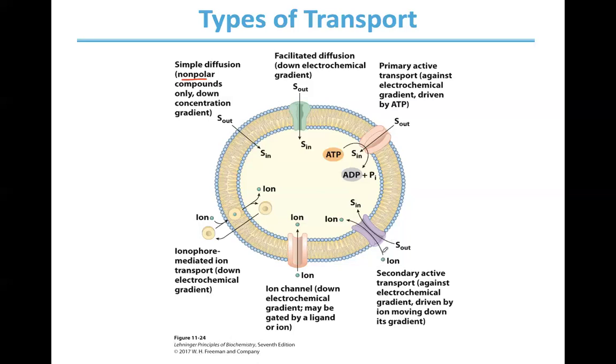This transport is coupled with ion transport, and the concentration of the ion is lower inside than it is outside. So the ion is allowed to come in, and it will be coupled with the S that will come in. So it's driven by the ion moving down the concentration gradient.